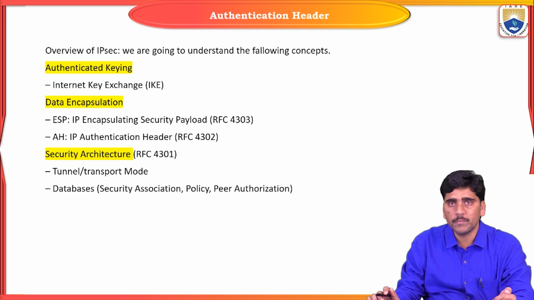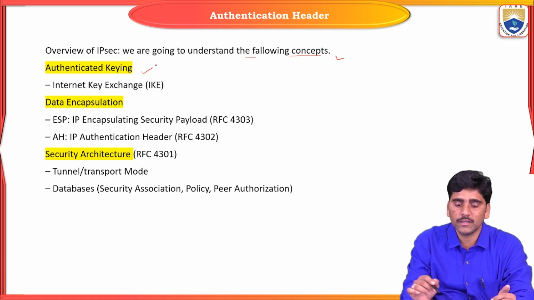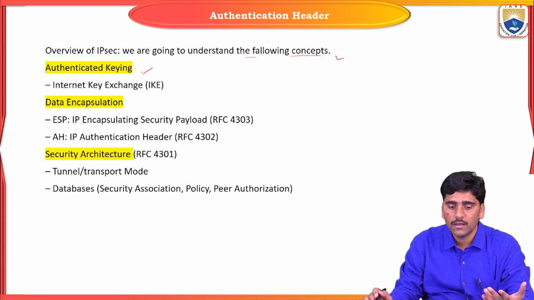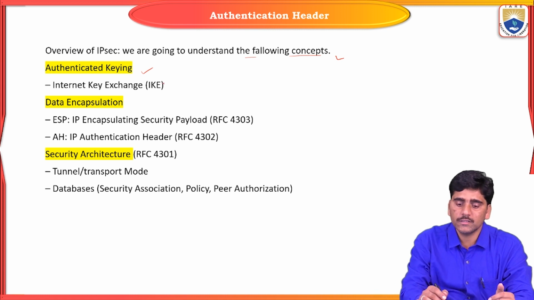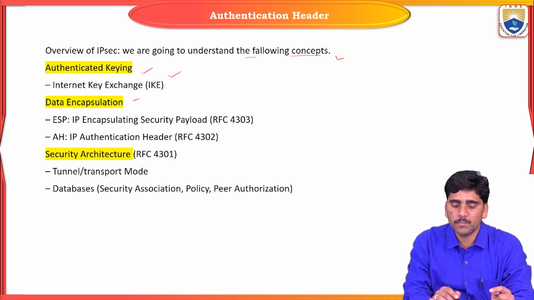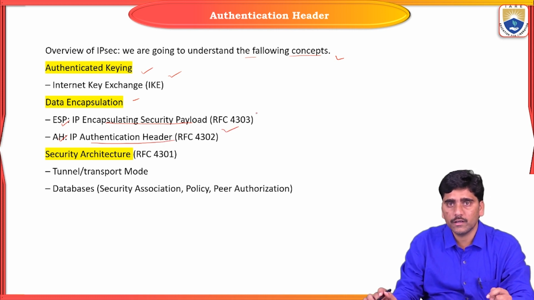In the overview of IPsec, we are going to understand the following concepts. The first one is authenticated keying, that is generating keys, applying encryption and decryption using keys. All these use authenticated keys. The second one is data encapsulation, with the help of both ESP and authentication header, that is, encapsulating security payload as well as IP authentication header.